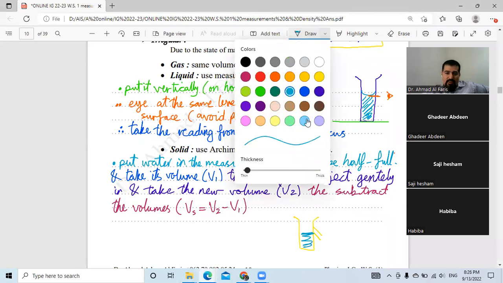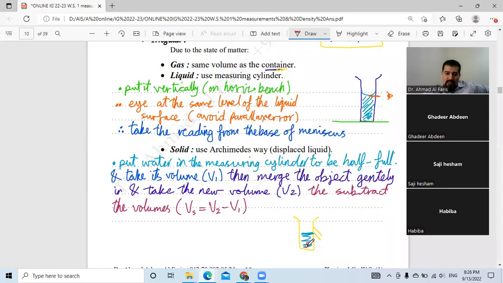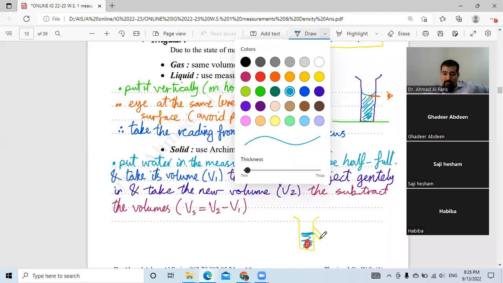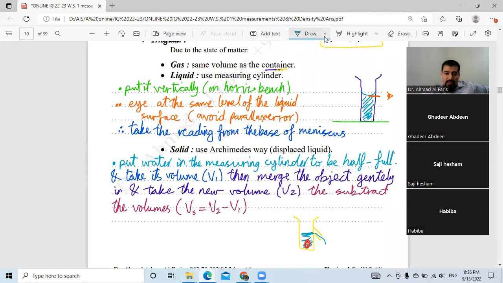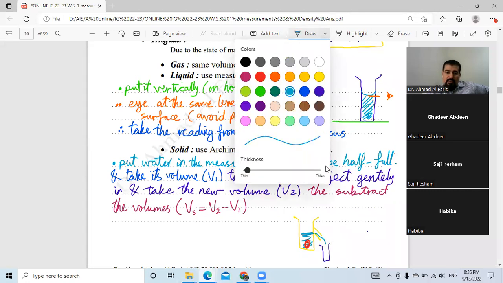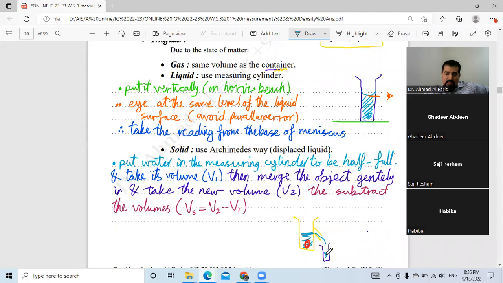When we put the object inside, the extra water, which is equal to the volume of the object, goes down. We put a measuring cylinder below it and see how much water comes out, and the volume I read will be the volume of what? Of the stone.